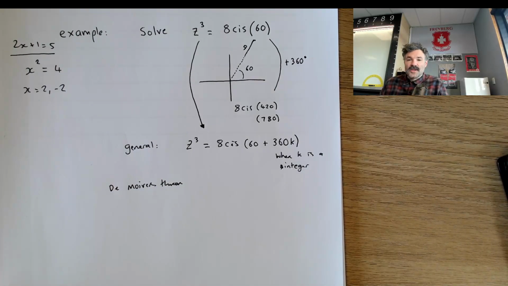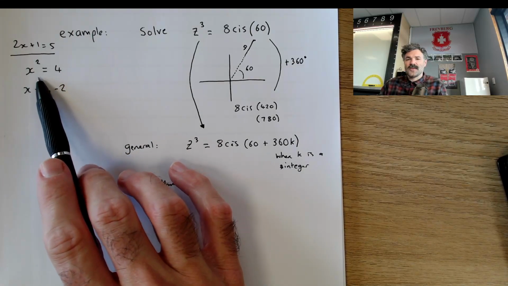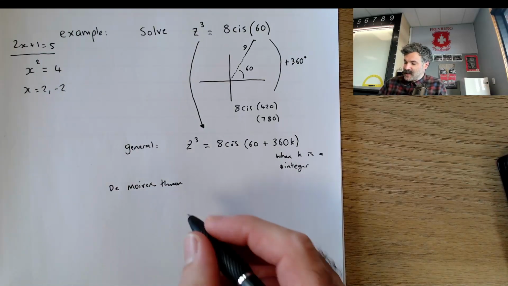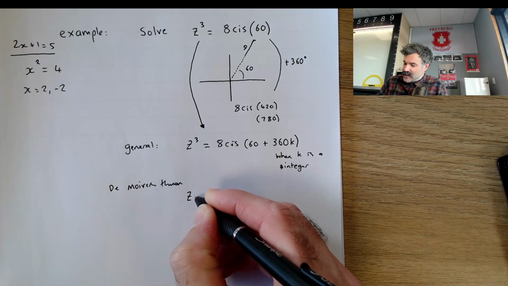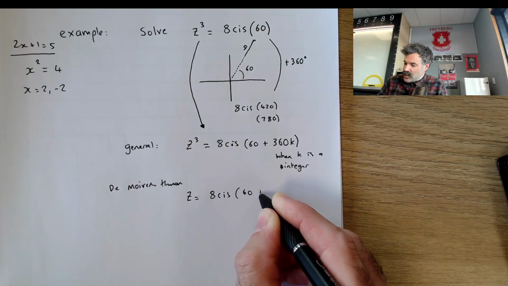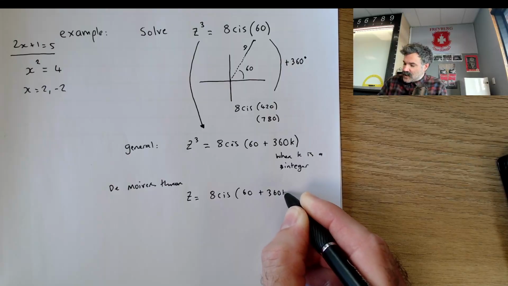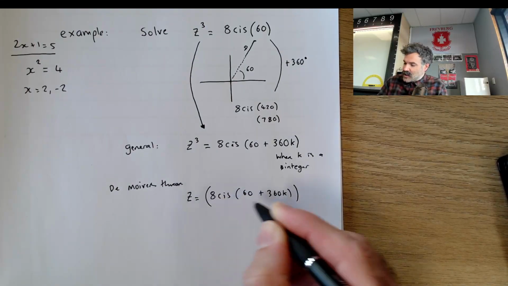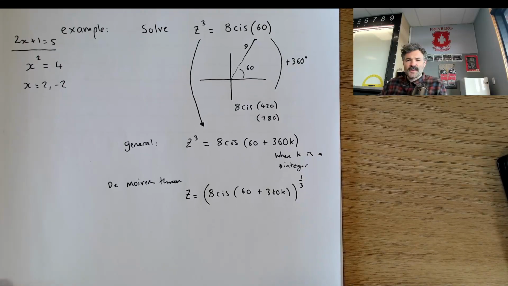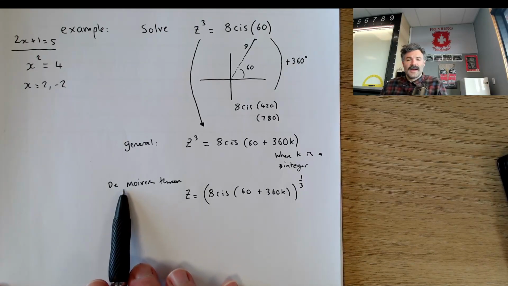And essentially what we're going to do is we're going to take the third root. So at this moment I took the square root, or power of half. I'm going to take the third root to get it down to z. So I can write z is equal to 8 cis of 60 plus 360k, all of that to the power of a third. Now, if you haven't already seen the video that talks about de Moivre's theorem, that might be useful.